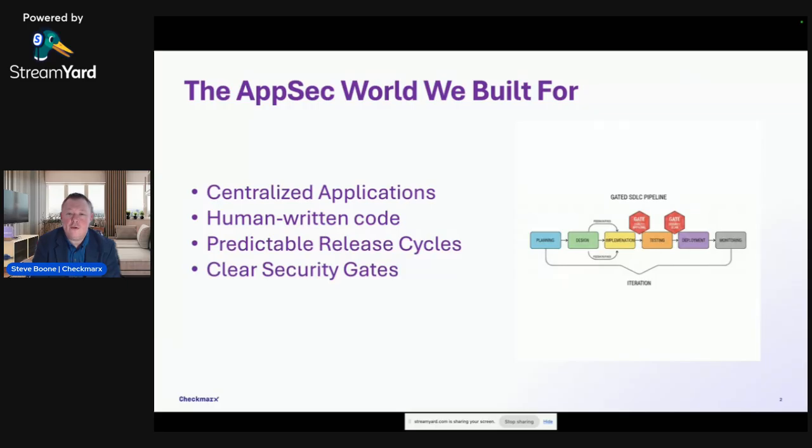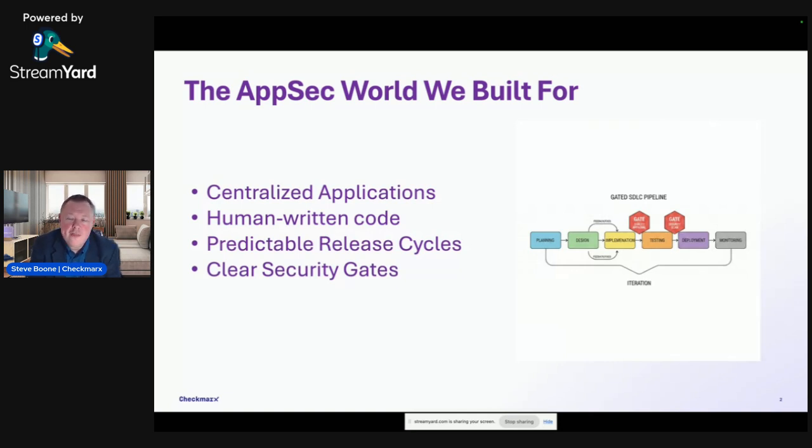The code that we were scanning was largely written by humans and open source, and there were all sorts of open source components that we were obviously leveraging as well. For the most part, releases were fairly predictable. If you were running more monolithic applications, you knew that was coming in a monthly time frame. If you were doing more sophisticated DevOps, maybe you were capable of delivering daily into your production environments.